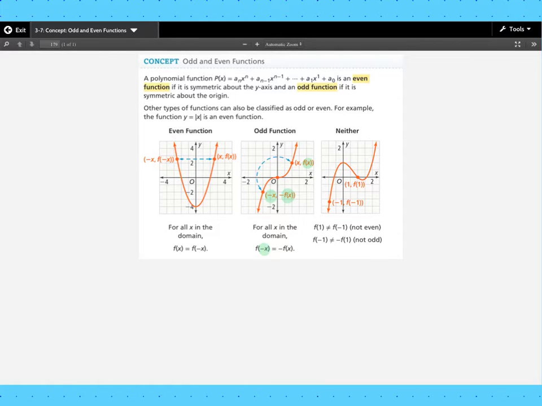So that's called odd. And there is a situation where it fails both of these conditions, when f of x doesn't equal f of negative x, and f of negative x does not equal negative f of x. That's when it's neither an odd function nor an even function.